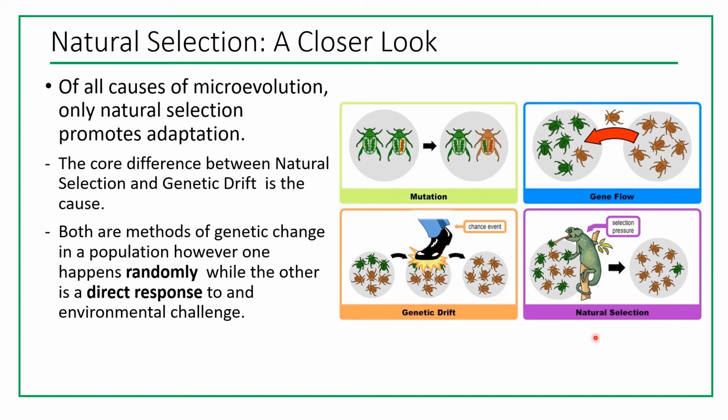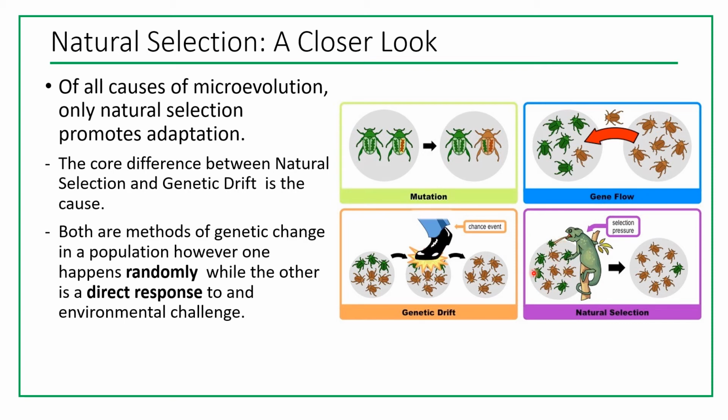On natural selection, on the other side, we also begin with a population with green beetles and brown beetles, but here we have a selective predator. And the predator is not gonna waste time and energy to look for prey. The predator is gonna get what is more available, and maybe it can see green beetles better.